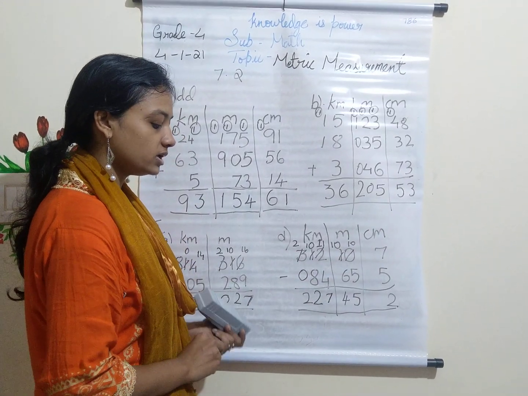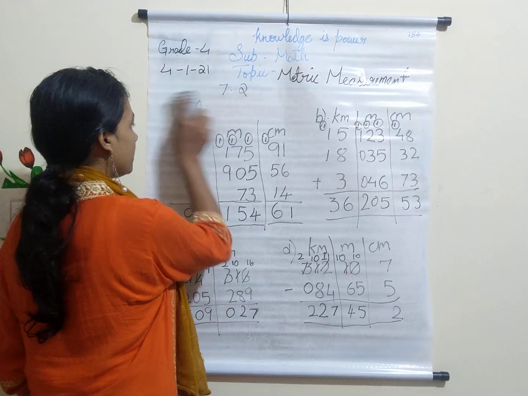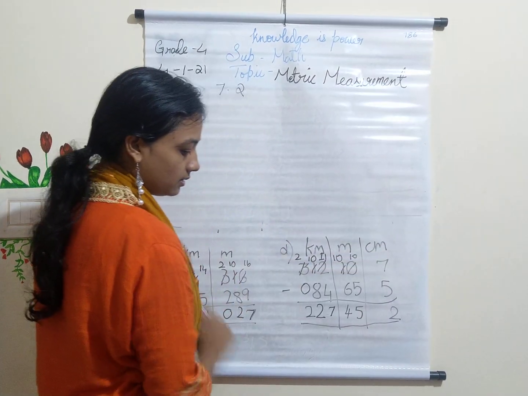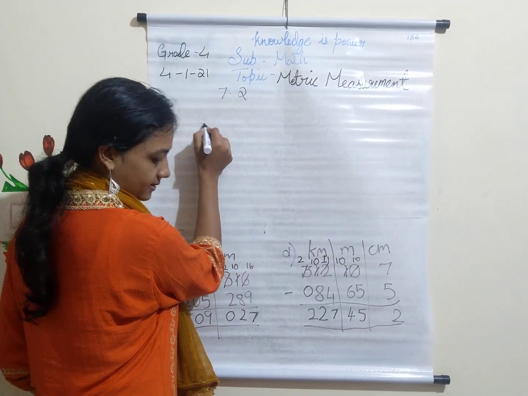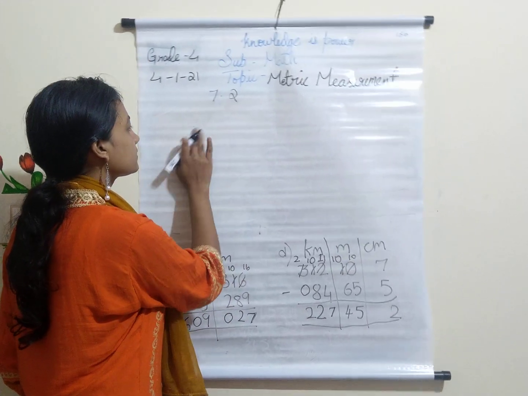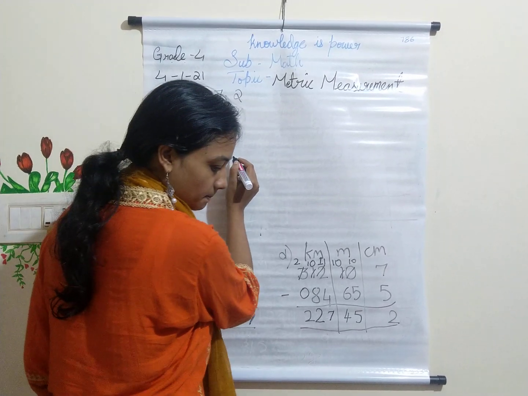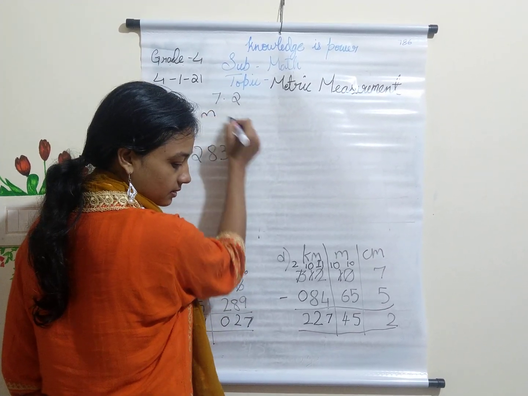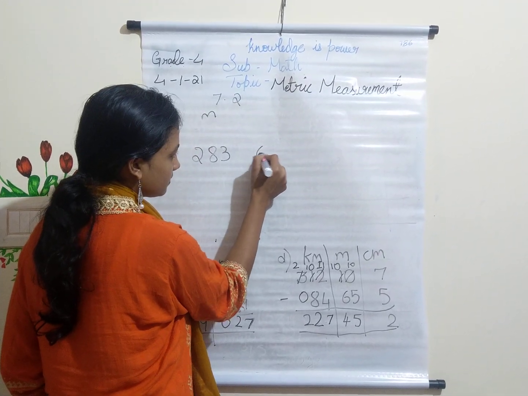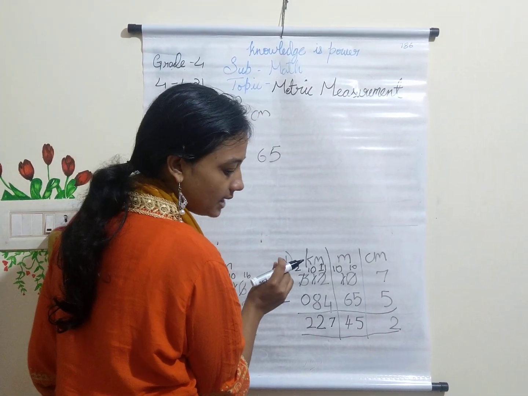Now let's go for the next one. Here I'll show you one sum where you have to subtract 283 meters, 65 centimeters from 300 meters.